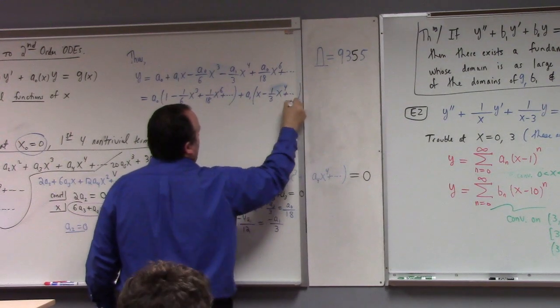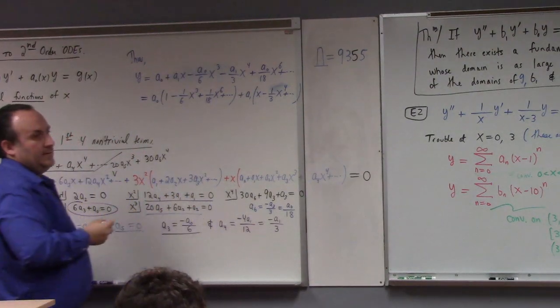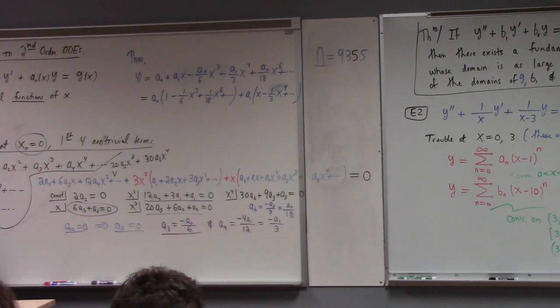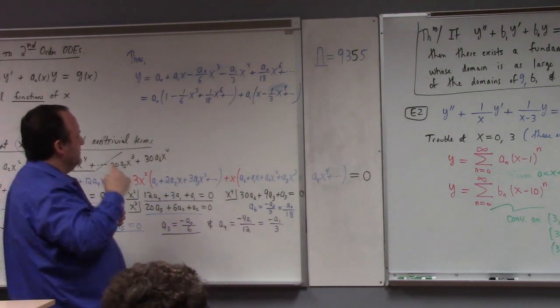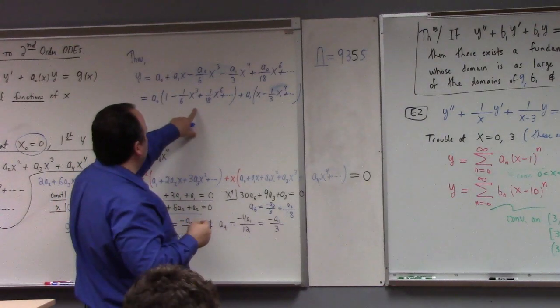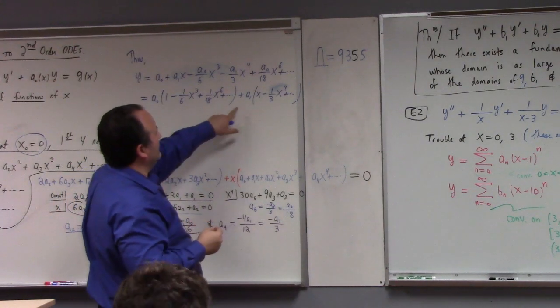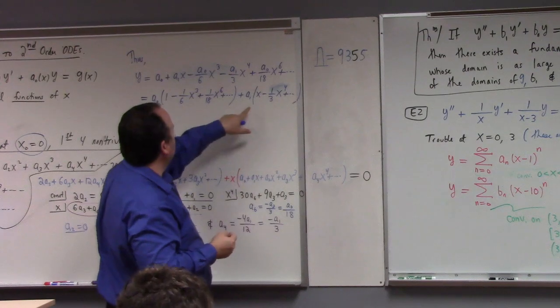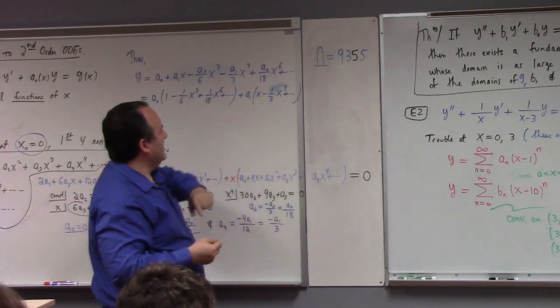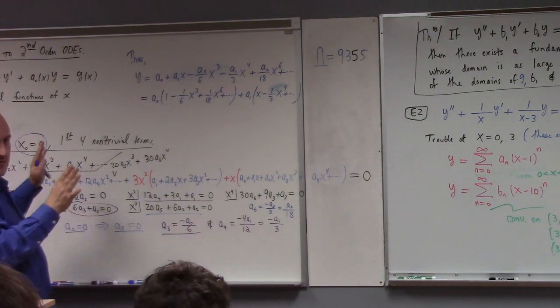The next term is going to be order what? You see the pattern? They're skipping 3, aren't they? Yeah, the pattern's kind of funny. I think the next thing up there is probably x to the 7th, maybe. I don't know. It doesn't matter.